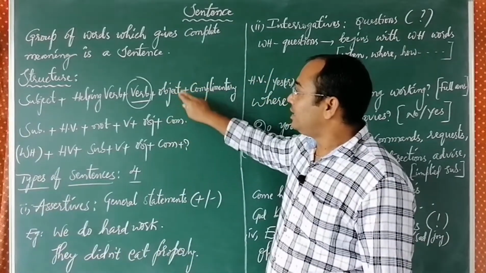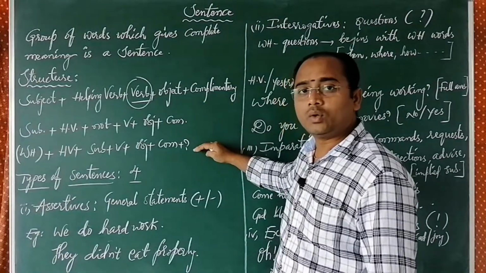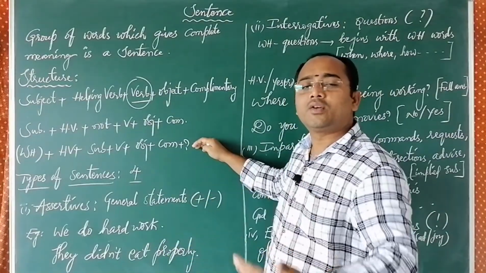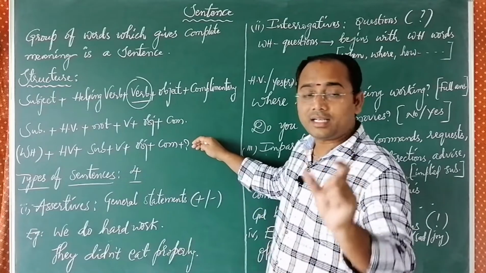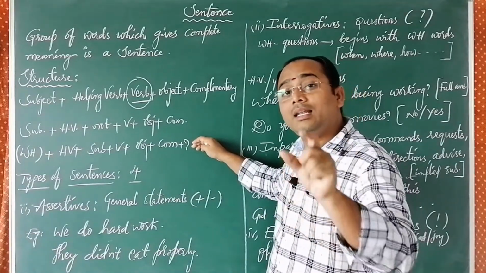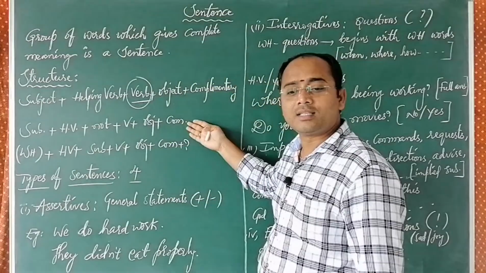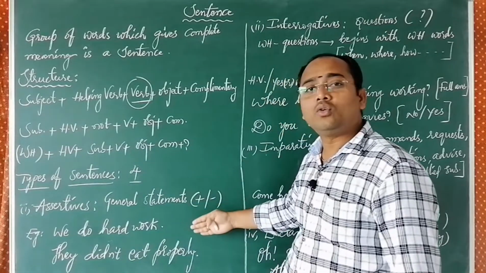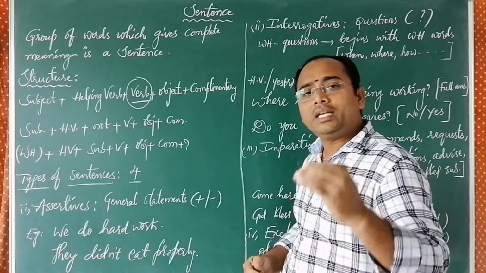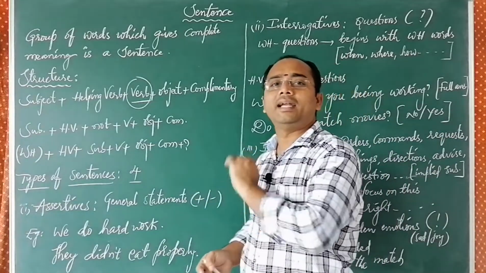Before that, these three structures we need to remember, because on the basis of these structures only, in future we are going to discuss the tenses. Try to understand here: grammar is a linked process. If you do not understand this, you cannot go for the next. So you need to watch all of my videos from beginning to end.